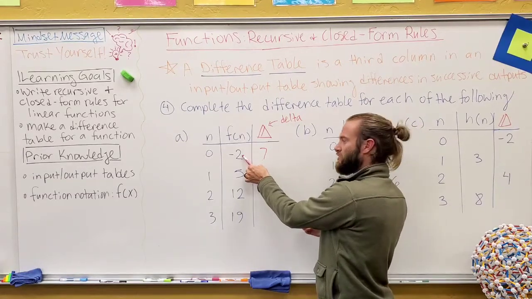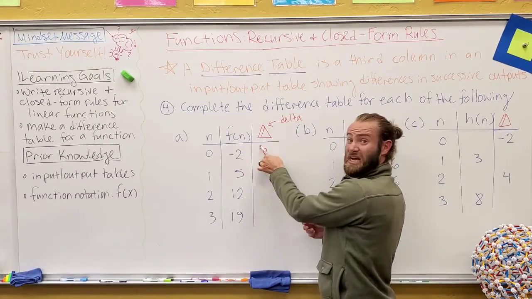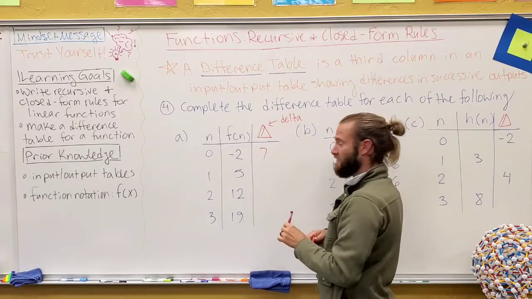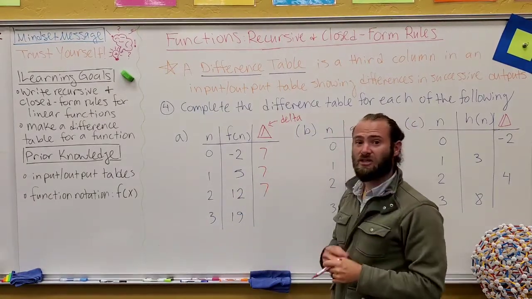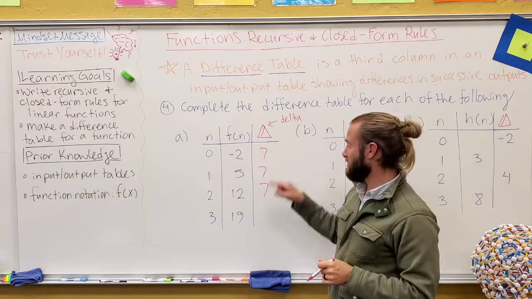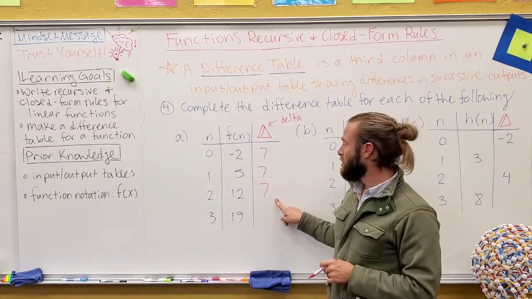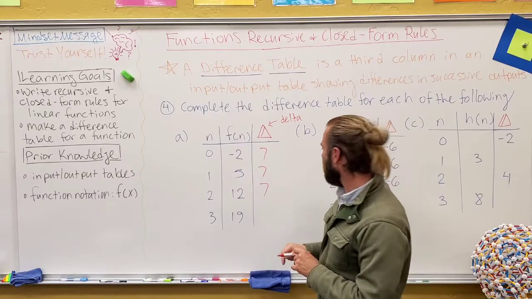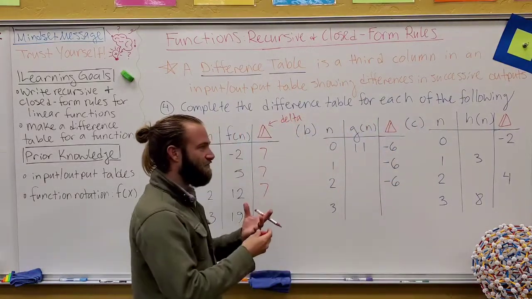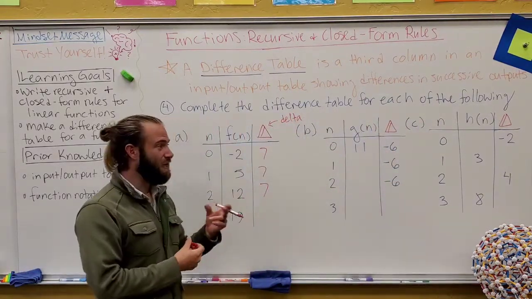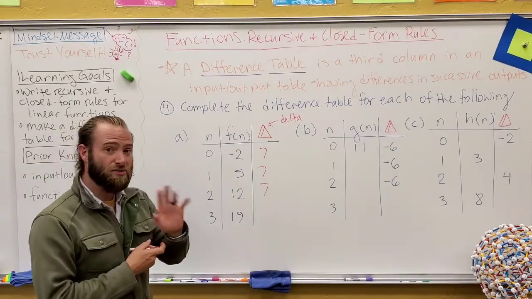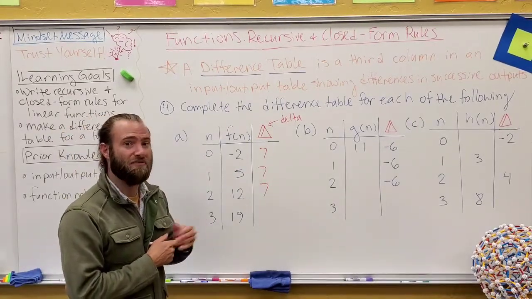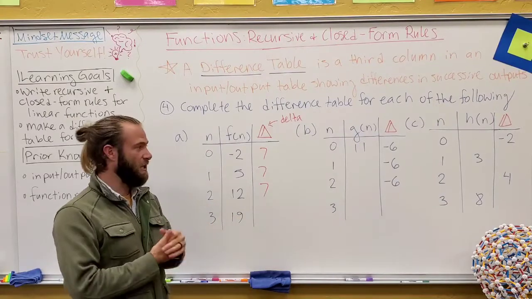To get from negative 2 to 5, what did I do? I added 7. And same here, and same here. That one just has what we call constant differences. This stays the same. So now that you see how that works, these ones I've given a little bit different information to really get you thinking about how to make one of these tables. Pause right now and take a stab at these yourself, then we'll do them together, and that'll be it for today.